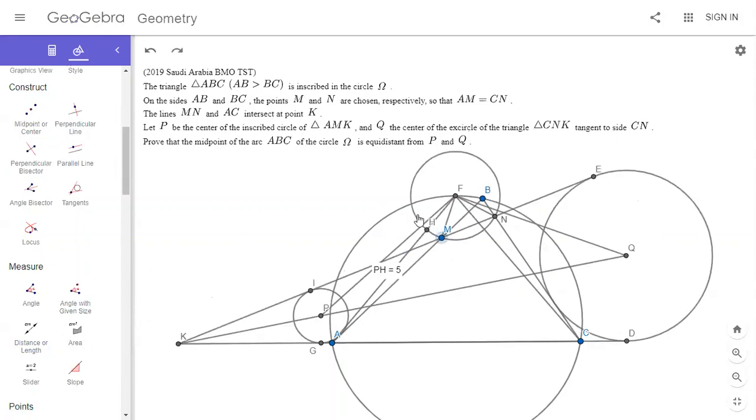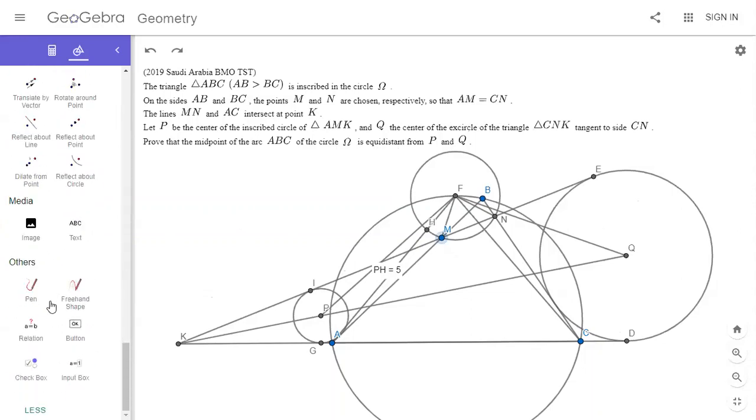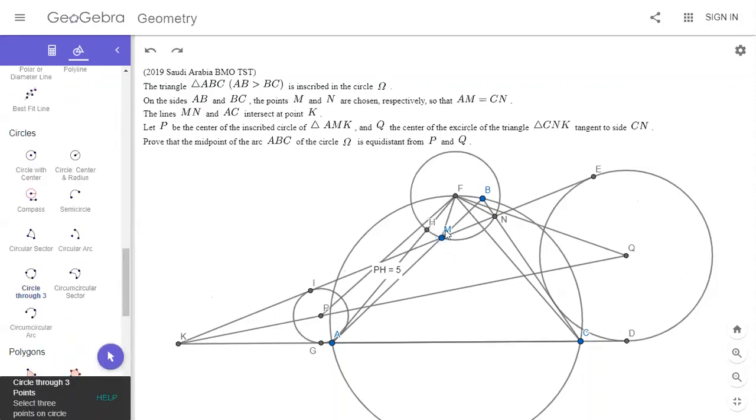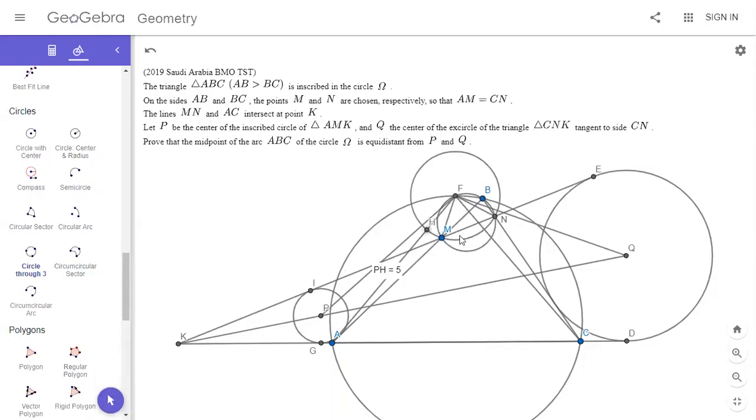Hey, Michael, is it true that FBMN is cyclic? Let's see. I don't think so, but maybe. No, you might, hold on. Actually, no, it is true. Yeah, FBMN is cyclic, my bad. And that's just an angle chase.